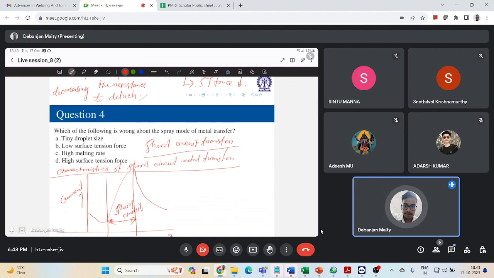Which of the following is wrong about the stream mode of metal transfer? In stream mode, it says it is tiny, low surface tension force, high melting rate, high surface tension force. It's wrong.